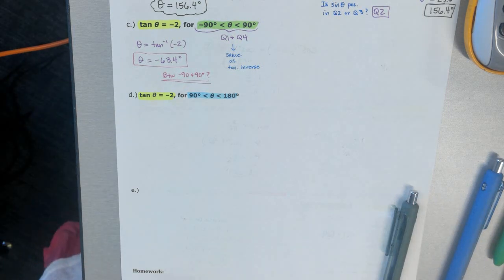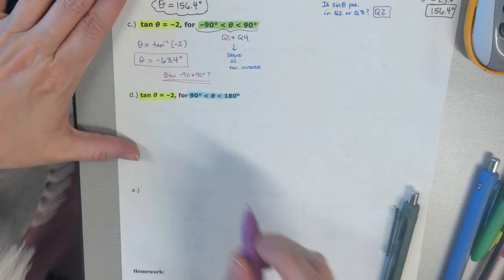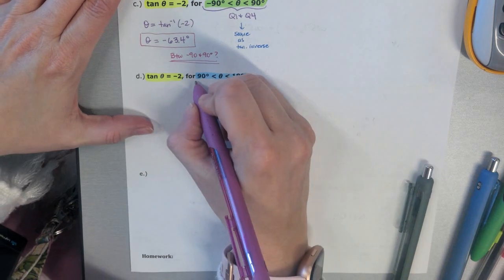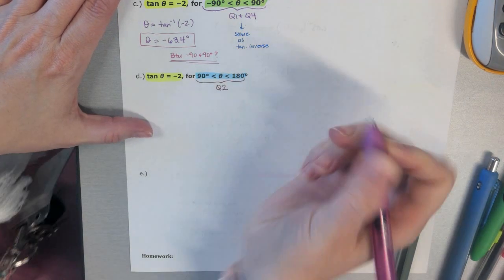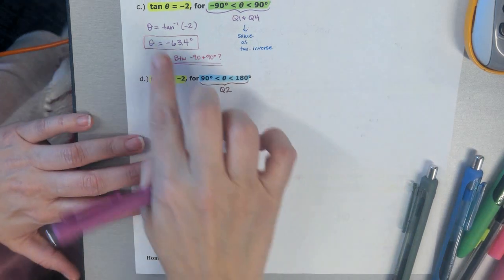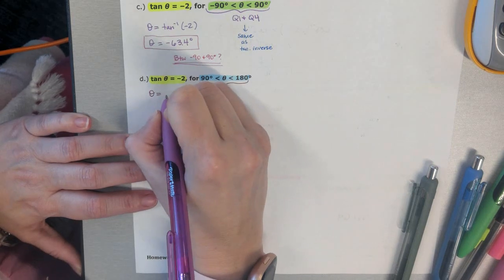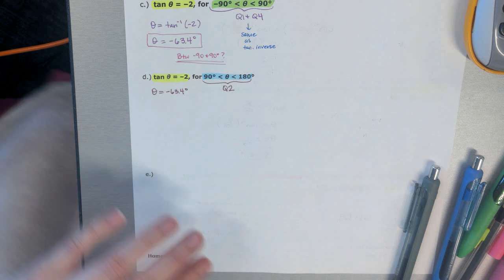If it's just one quadrant, that does happen sometimes. Consider that a gift, because if you have multiple quadrants, then you're going to have to figure out which one it's in, but if this is just quadrant 2, that's really going to help us out, okay? So we just found this above, so we can just write theta equals negative 63.4 degrees.